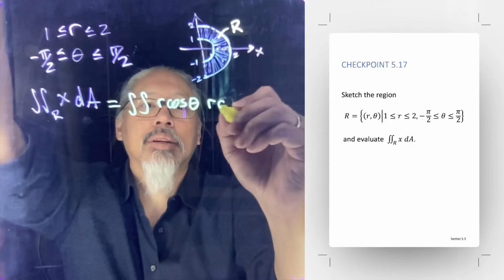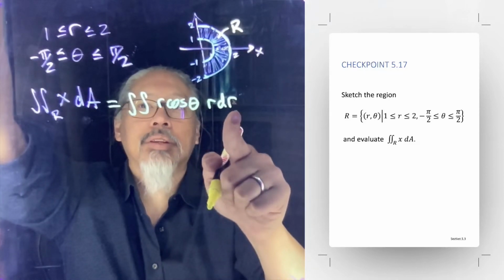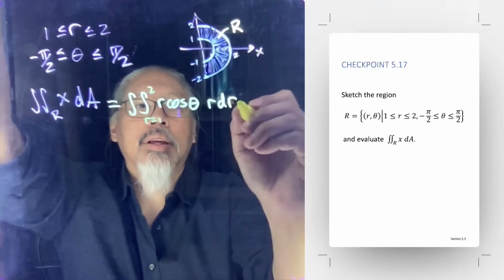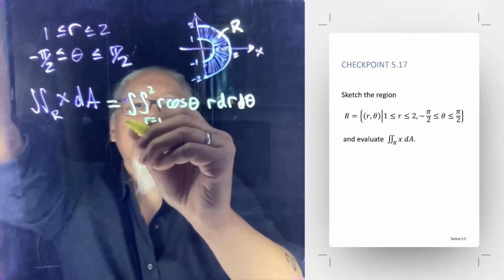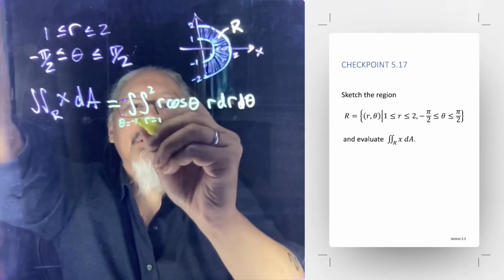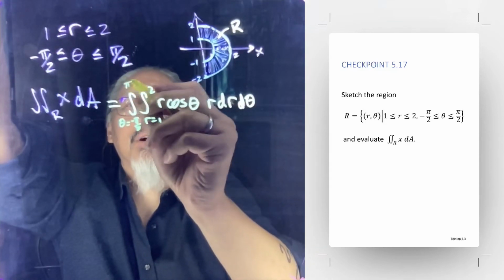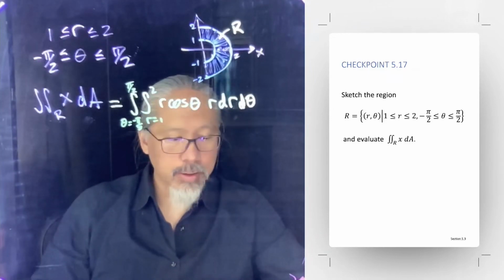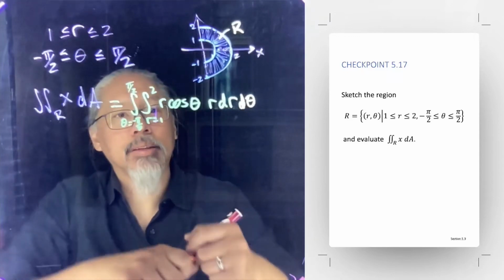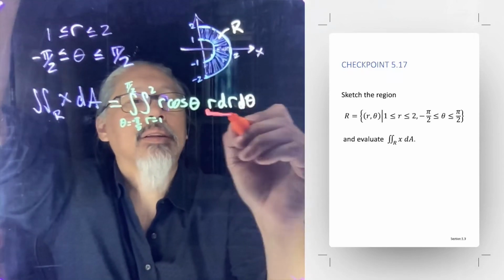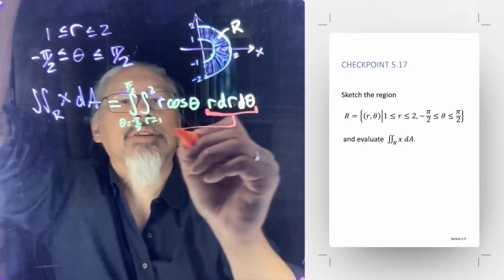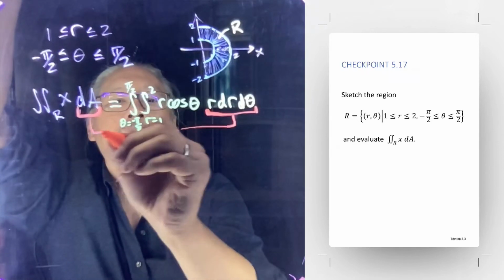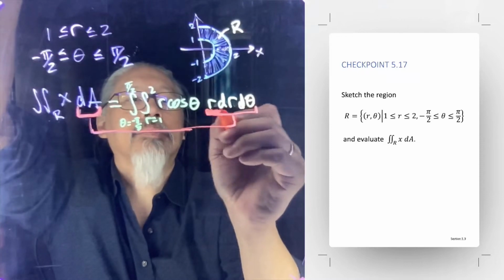The r limits: dr goes from 1 to 2, and d theta goes from minus pi over 2 to positive pi over 2. I do want to point out that this r dr d theta is the transformation that happens from the dA, so the r is part of it.